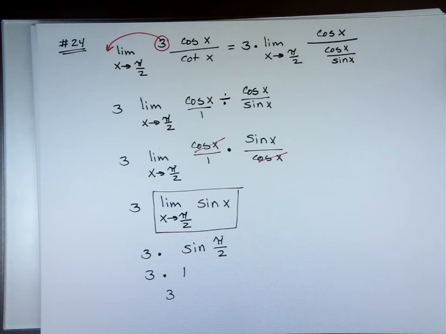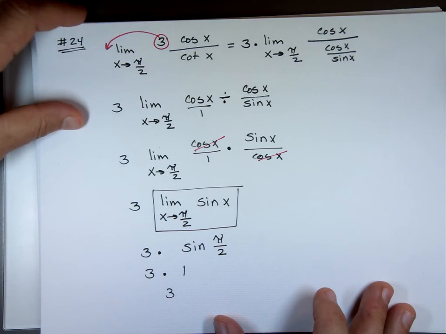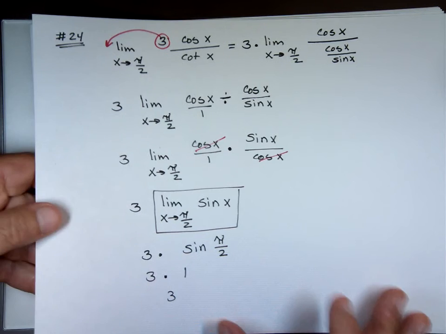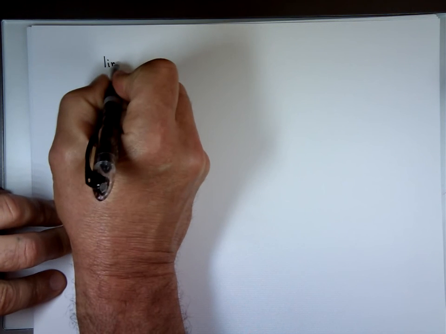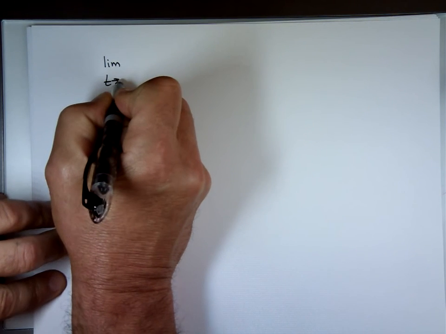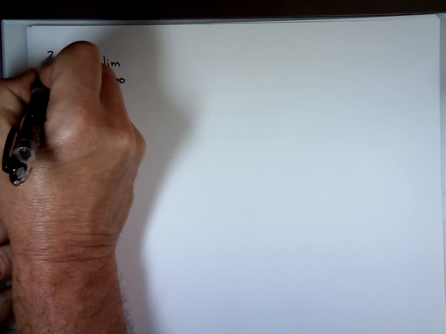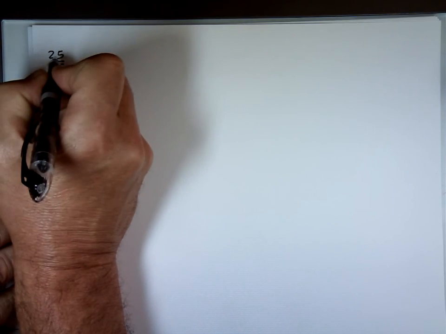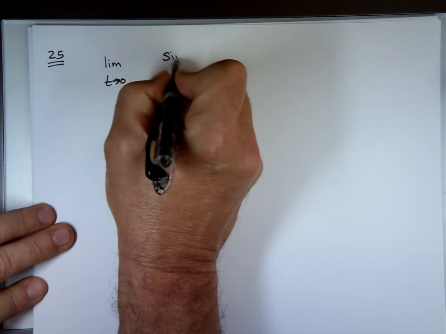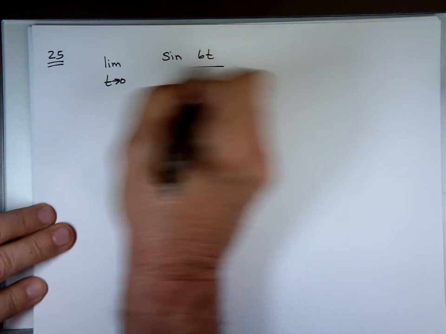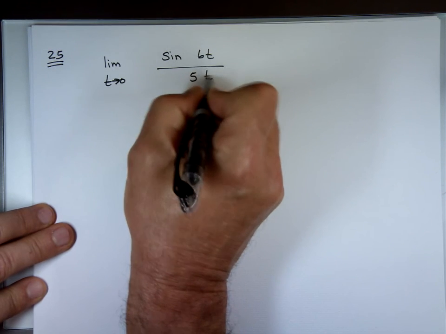And number 25, the last one here. Sine of 6t over 5t. Notice they don't match. This is 6t, this is 5t.